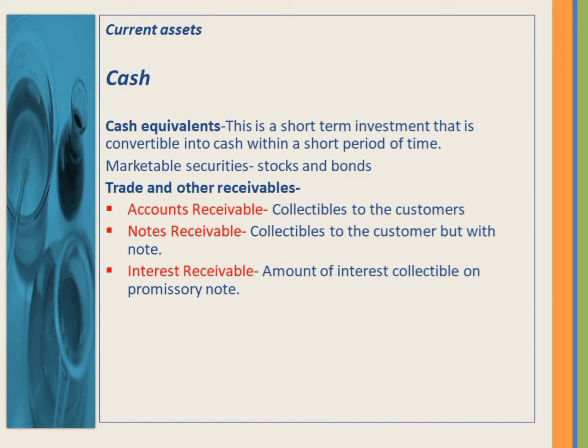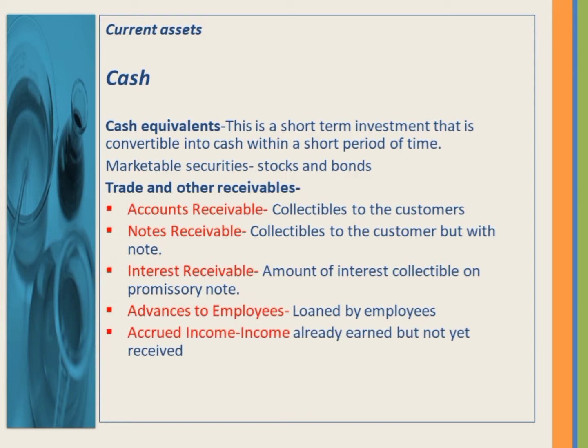Interest receivable is the amount of interest collectible on a promissory note. Advances to employees is a loan to employees subject to salary deduction. Accrued income is services that we already rendered to the customers but have not yet received payment for. So these are the account titles usually under current assets.